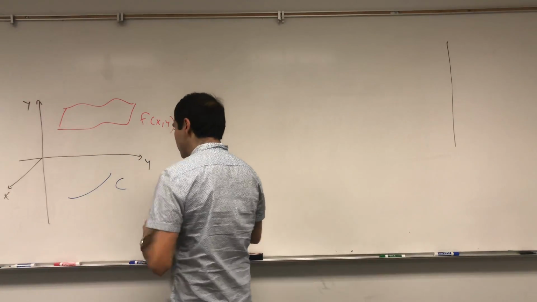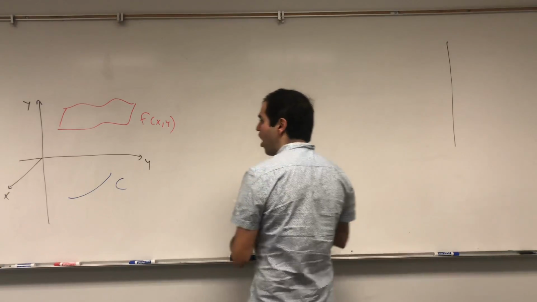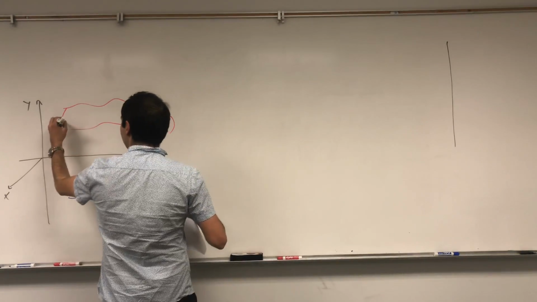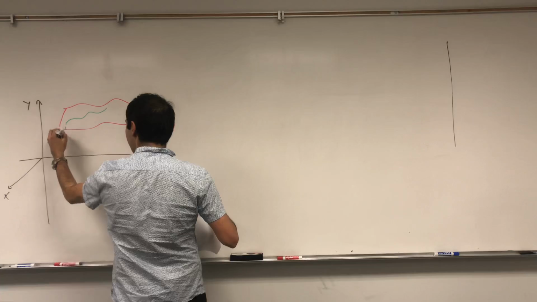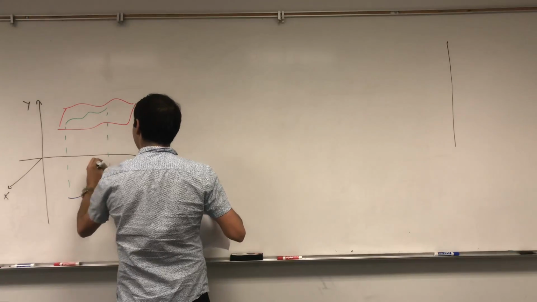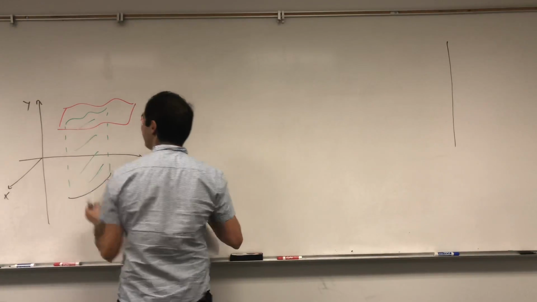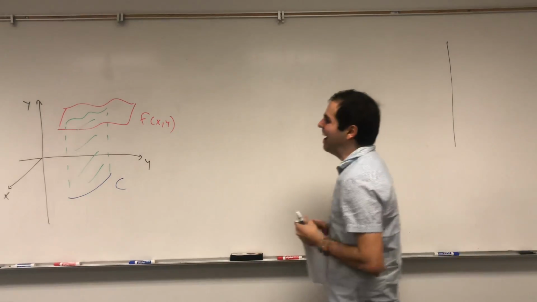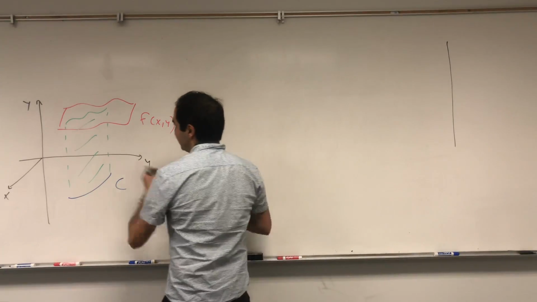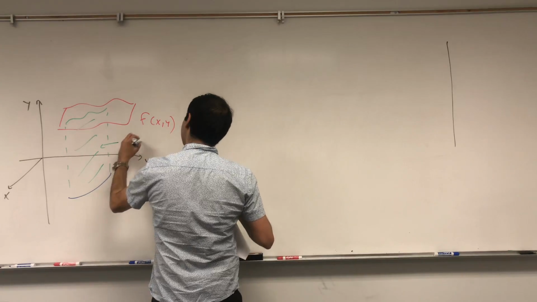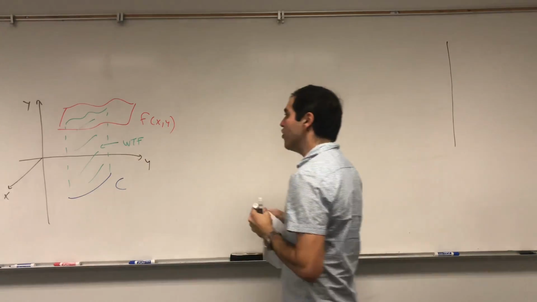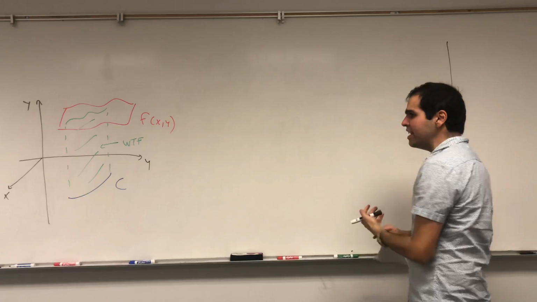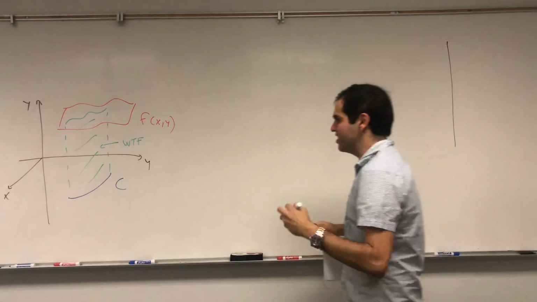What we'd like to do is find the area under the fence, under f and over C. Some may say it's very fancy, right? And again, the idea is we want to find this. The question is, how do we do this? So the idea is with this parameterization.